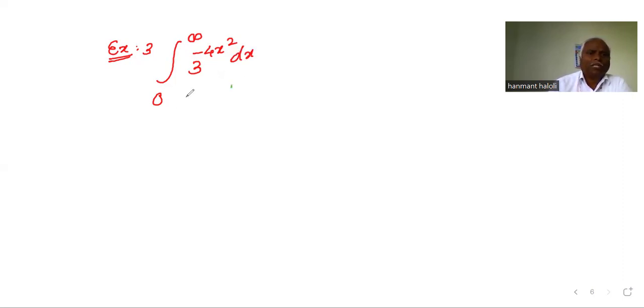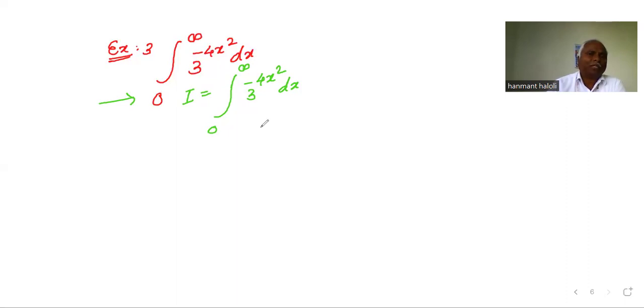Let us assume I equals integral 0 to infinity 3 raised to minus 4 x square dx. Now we have an exponential power that is apart from e, therefore you can directly replace, otherwise you can go in two steps. I'll go directly with the substitution method.